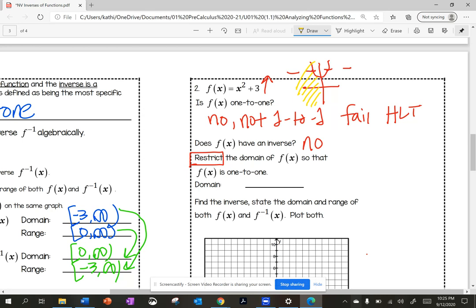So I'm going to restrict it starting at 0, and I'm going to include 0 and go to infinity. So now I'm going to graph this. So I'm going to do the same process. So I'm going to switch x and y, solve for y, plot both, and state the domain and range of both.